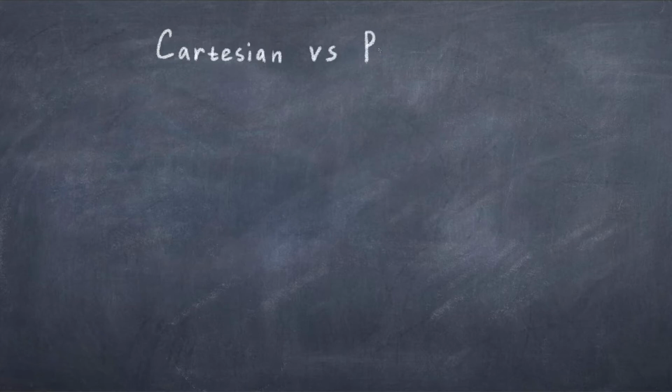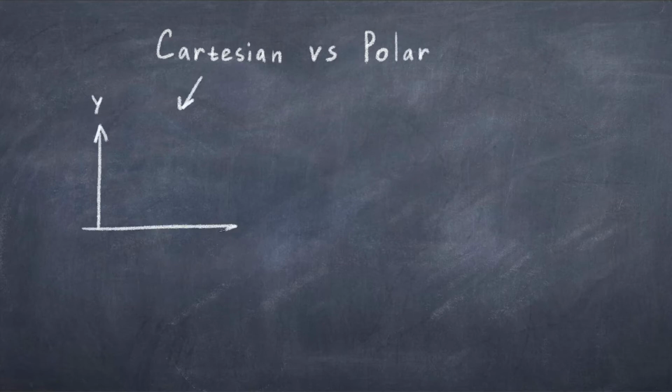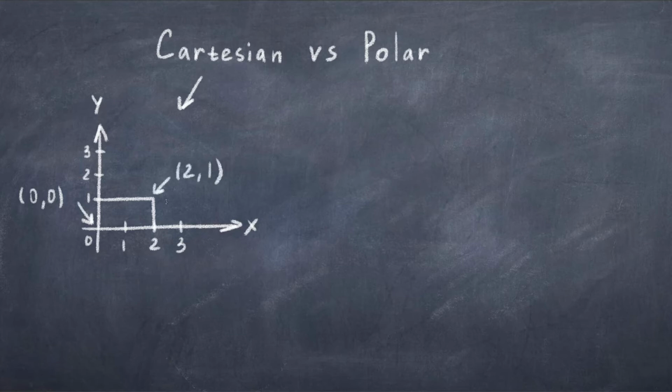Let's consider a simple example of why using different coordinate systems for different applications is desirable just from the point of view of convenience. To keep things simple, let's only consider 2D coordinate systems for now. If you want to describe a rectangle on a 2D plane, then Cartesian coordinates are great because you can describe the 4 corners of the rectangle with 4 coordinates, let's say (0,0), (0,1), (2,0) and (2,1).